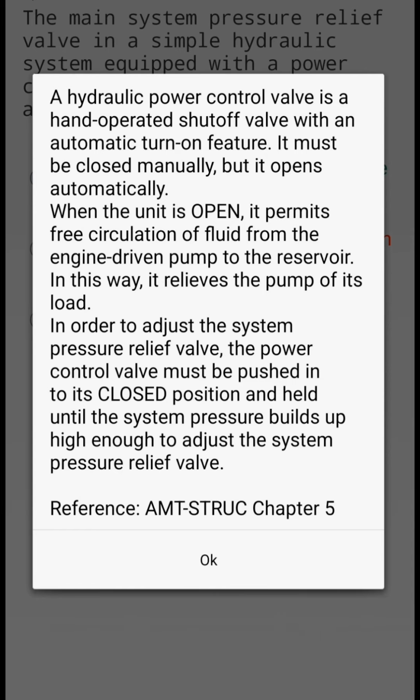When the unit is open, it permits free circulation of fluid from the engine-driven pump to the reservoir. In this way, it relieves the pump of its load. In order to adjust the system pressure relief valve, the power control valve must be pushed into its closed position and held until the system pressure builds up high enough to adjust the system pressure relief valve.